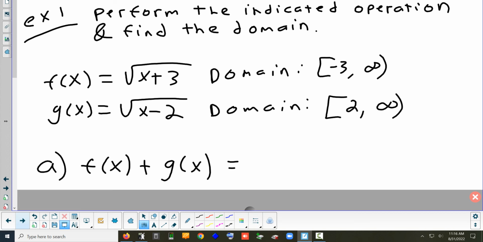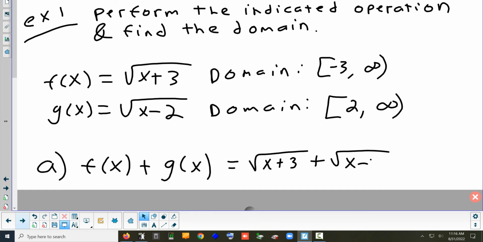Is it just the square root of x plus 3 plus the square root of x minus 2? Yeah, there's not a lot you can do, right? Those aren't like terms. An example of square roots that are like terms would be like the square root of x plus the square root of x. Well, now you could say that's 2 square roots of x. Yes, you can combine those. But if the radicands are different, you can't combine them. Okay, so that's all you can do.